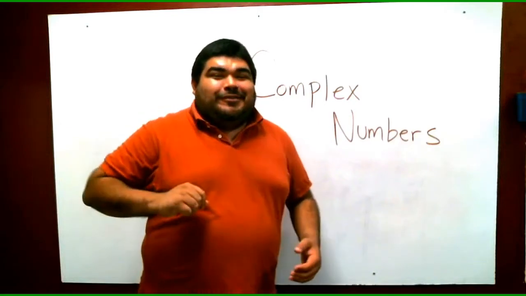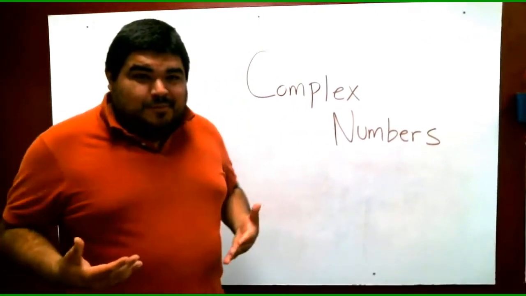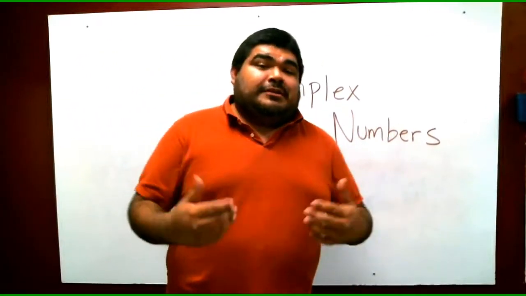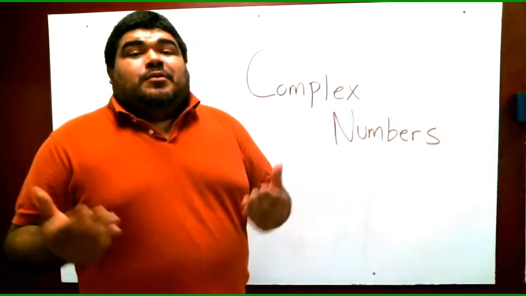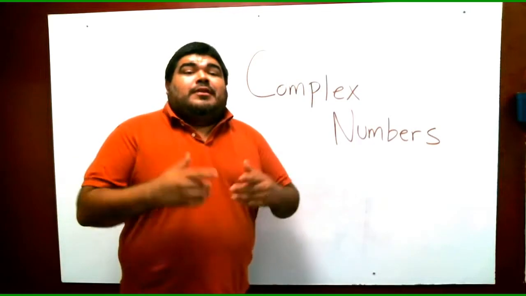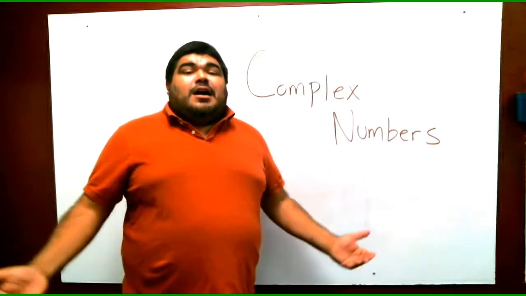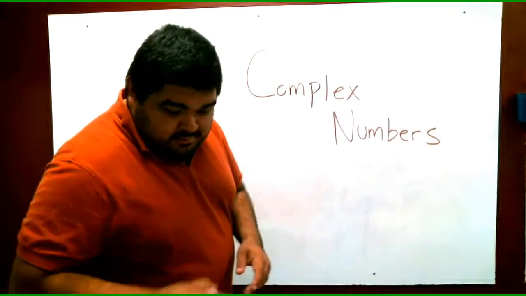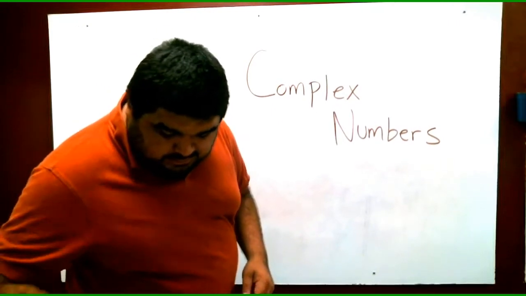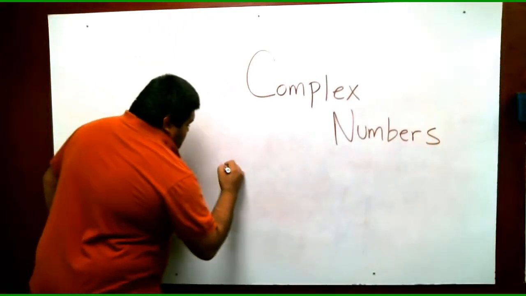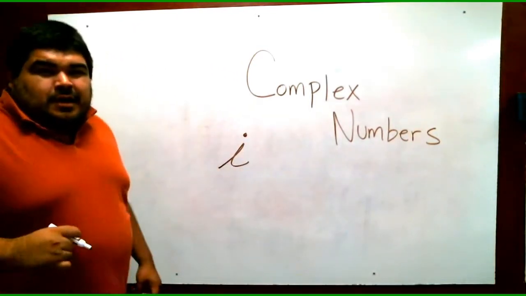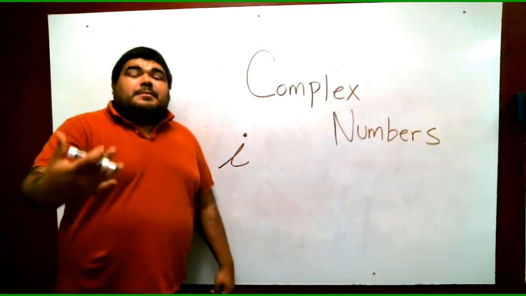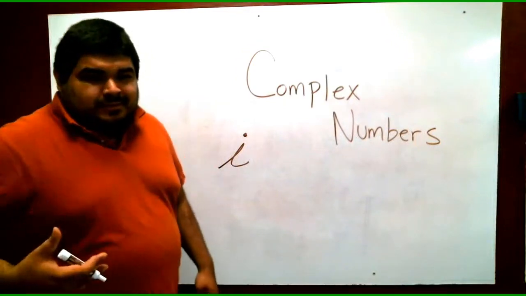The rule you have to memorize or know for complex numbers is, today we're dealing with a variable, okay? A variable called i. Let me get a marker here. i is an imaginary number, okay?